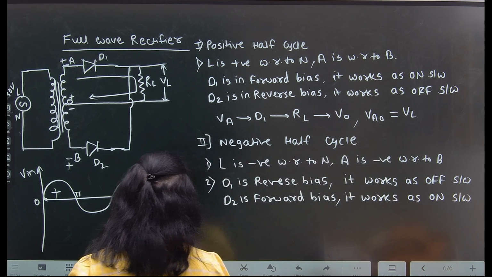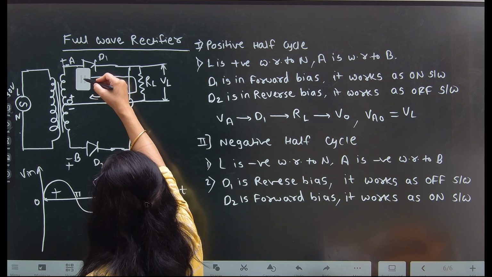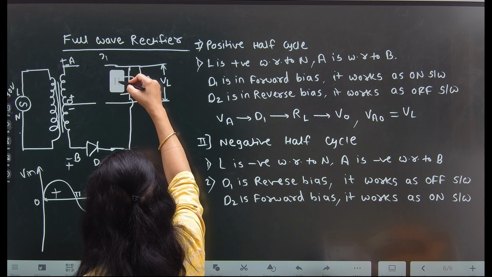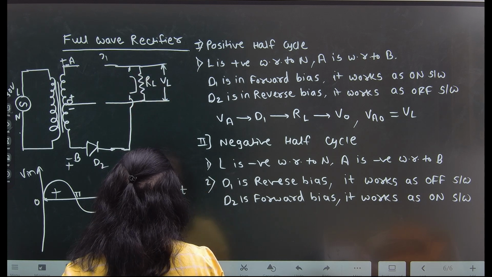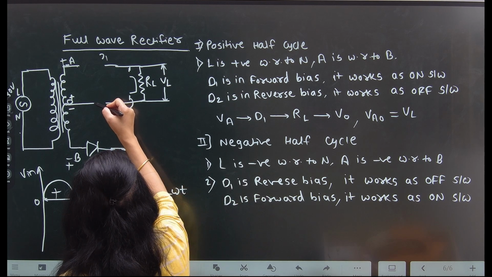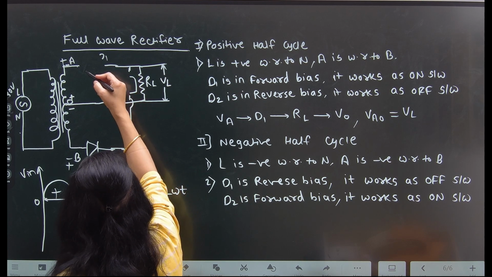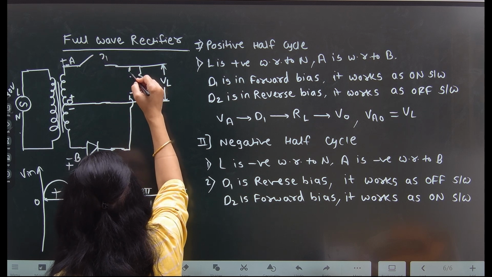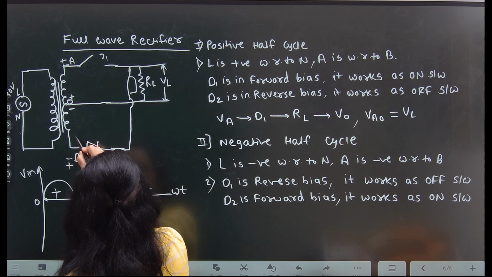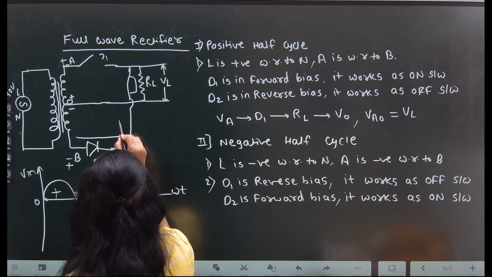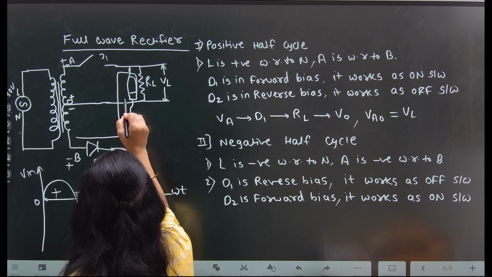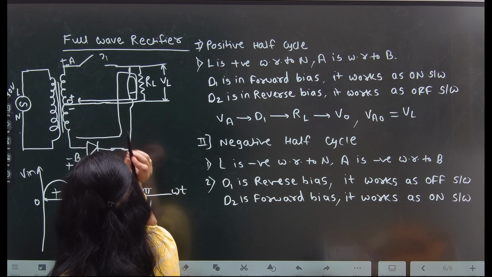So D1 will be an open switch and D2 will be a closed switch. The current path will be from B through diode D2, then RL, and then it will come back from this side.